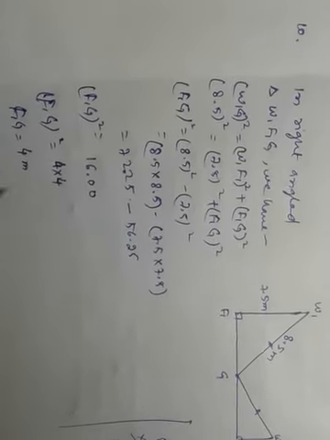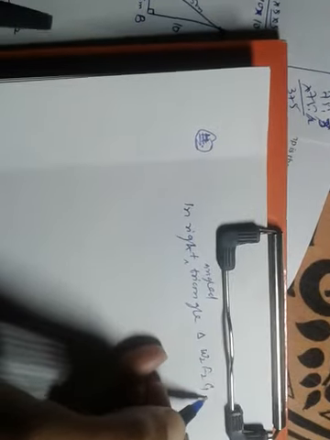Okay, now we have found F1G, we have to find F2G also. So we go with the next triangle, that is the right angle triangle W2F2G.